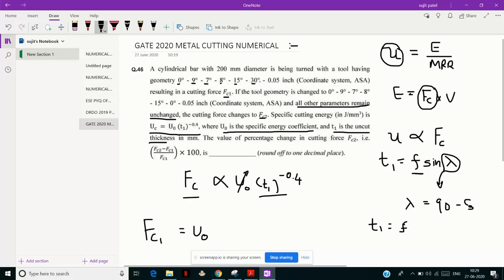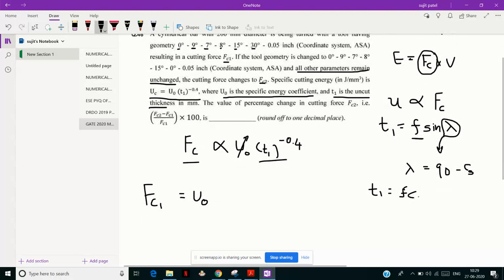For the first case, lambda is equal to 90 minus 30 because it is a complementary angle. So sine 60. So u0 f sine 60 raised to minus 0.4.